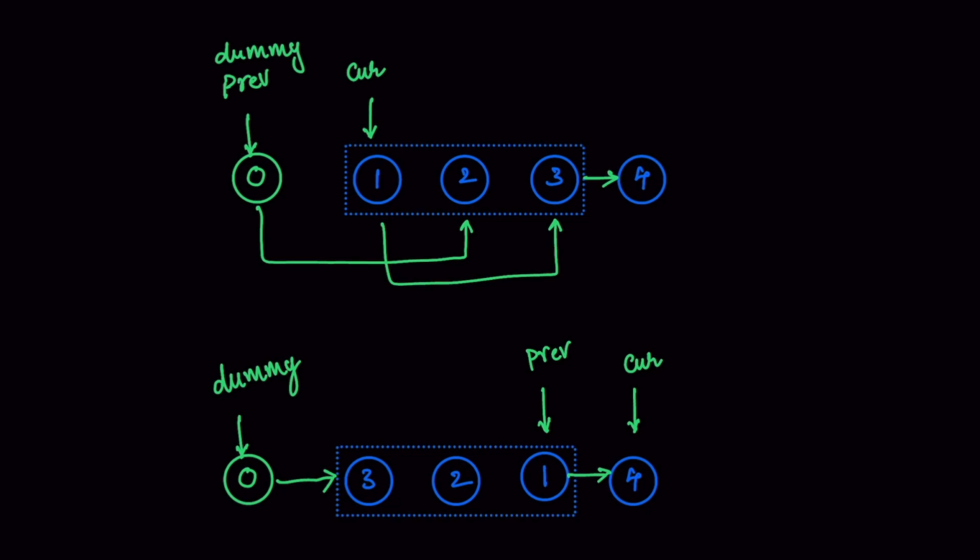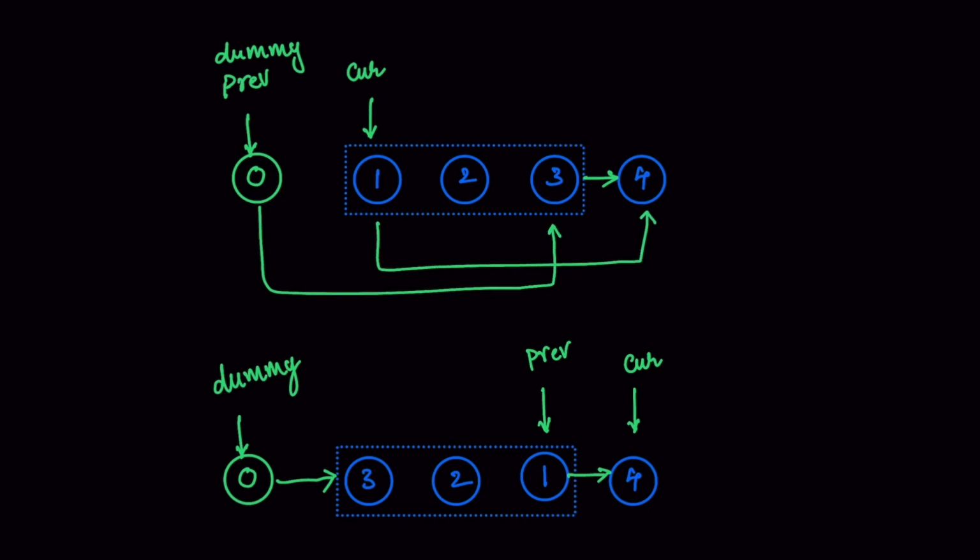In the first step, we connect the prev.next to the linked list node 2. And also we connect this current.next to the linked list node 3. In the next step, we connect the linked list node 0 to the linked list node 3 and linked list node 1 next pointer is pointing to linked list 4.